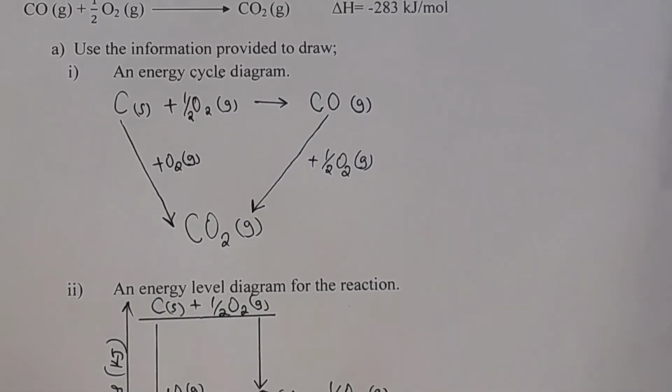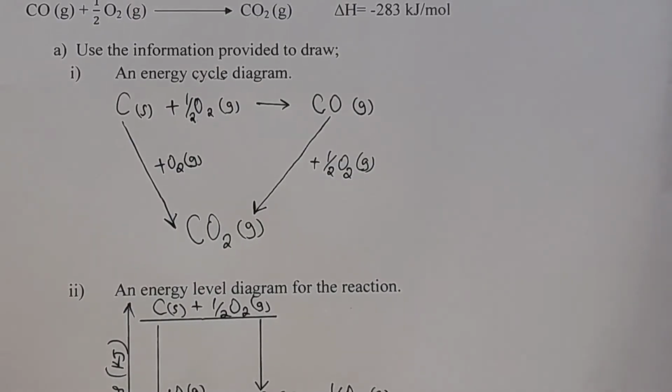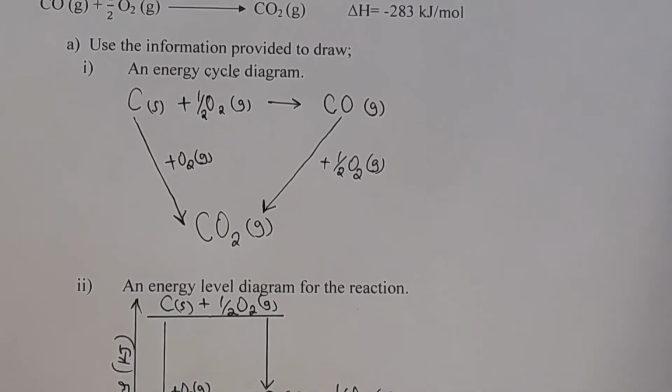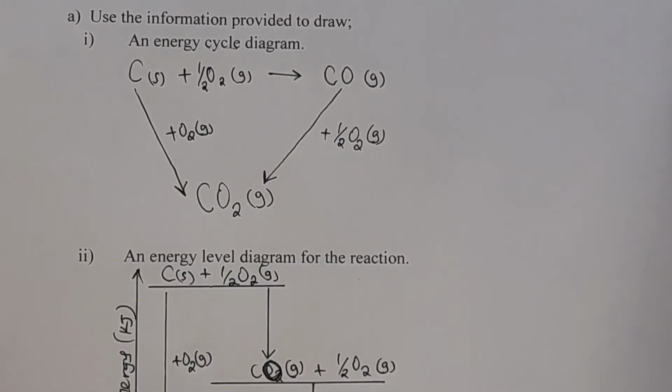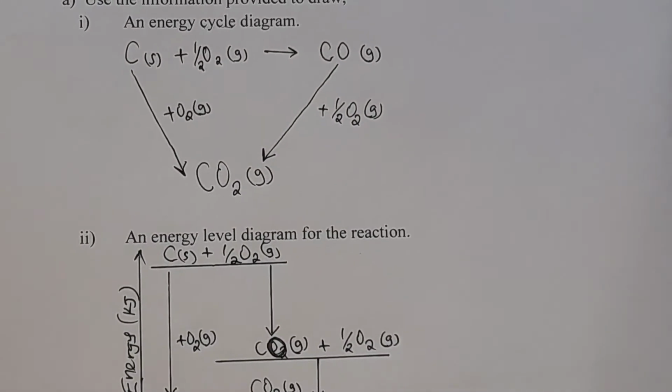Because up there we are told to use the information provided to draw one, an energy cycle diagram, and two, an energy level diagram. So if you have an energy cycle diagram, you can use that one even to draw the energy level diagram. How are you going to do that? You only check your energy cycle diagram.